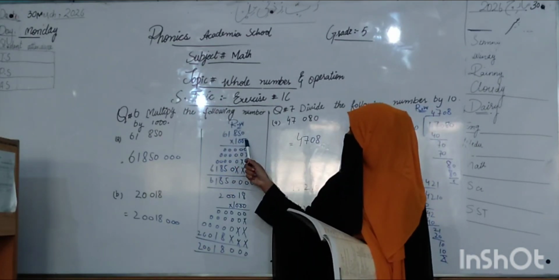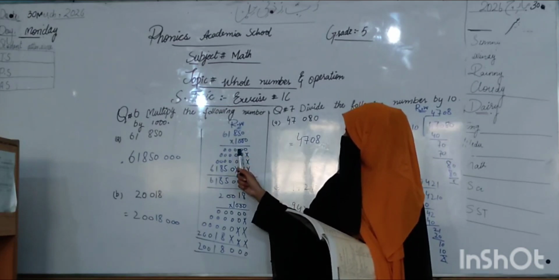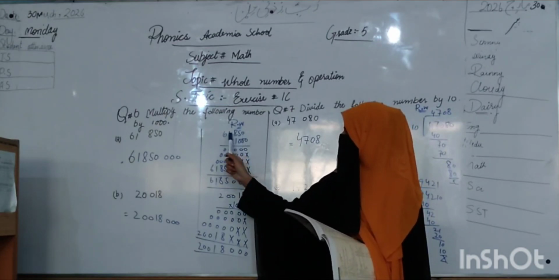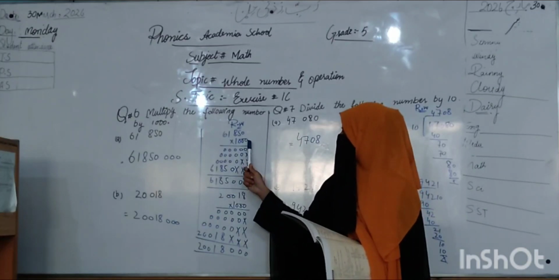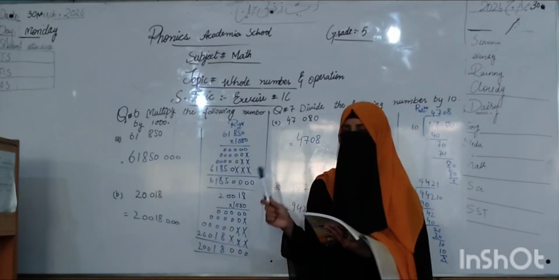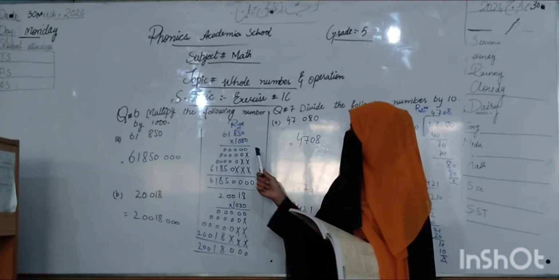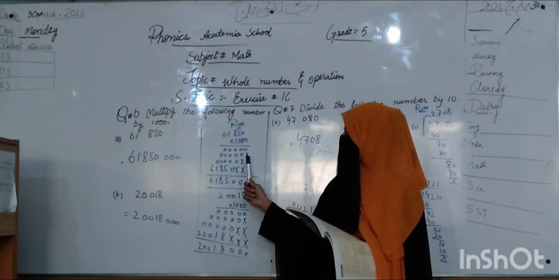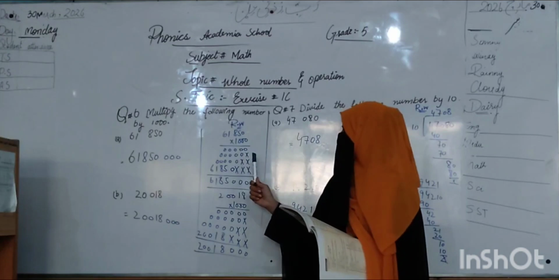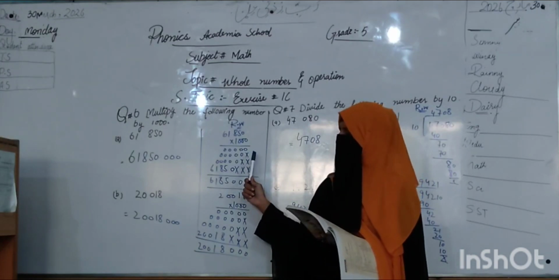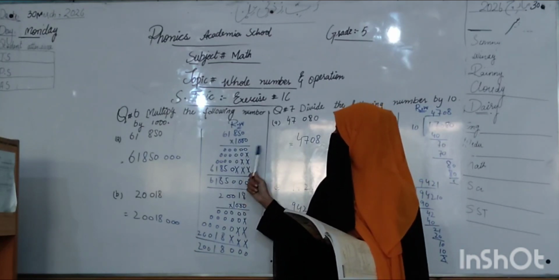When you multiply, 0 times 0 is 0, 0 times 5 is 0, 0 times 8 is 0, 0 times 1 is 0, and 0 times 6 is 0. As per the rule of multiplication, when you multiply a given number by a multiplier, you put a multiplication sign when you multiply by the second number. So put your first value below on the right side.